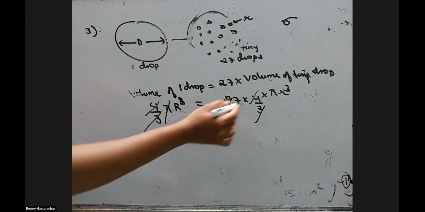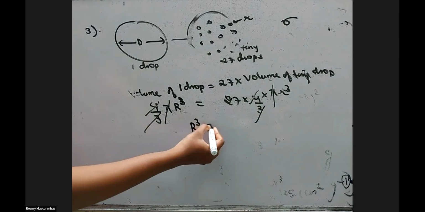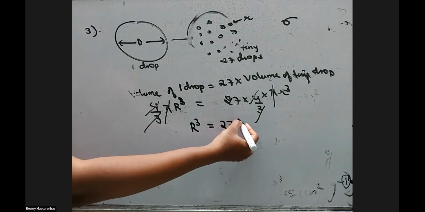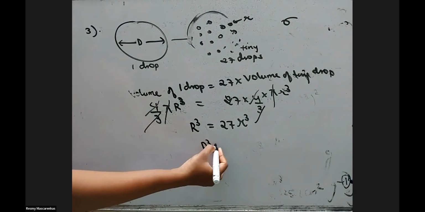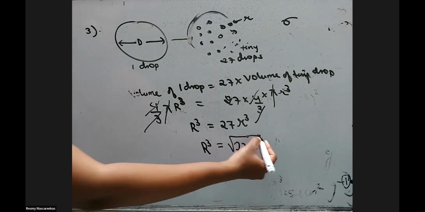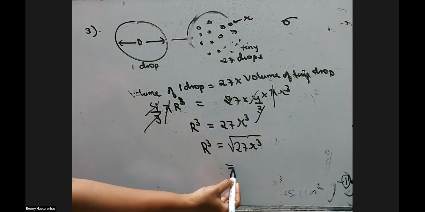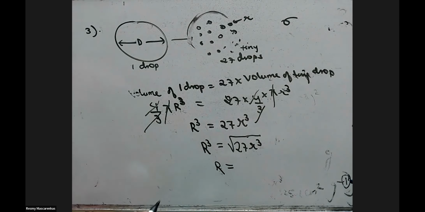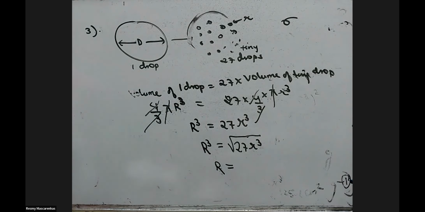So capital R cube is equal to 27 times small r cube. They have used the formula 4 upon 3 pi r square, which is wrong.